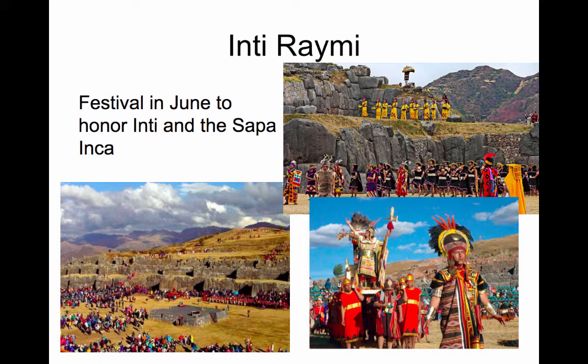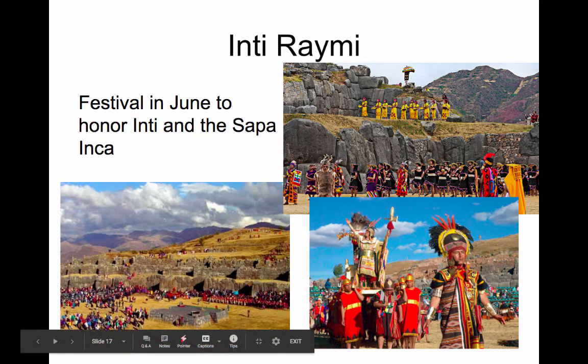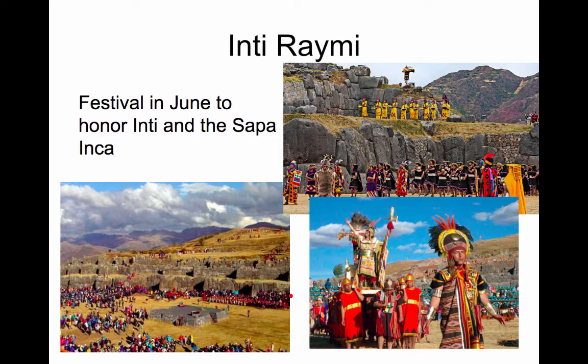They simulate it, but they don't actually kill any llamas or anything like that. But they do a lot of festival, and they dress people up in classic Incan clothing. People represent the different parts of the Inca Empire, and they all arrive at this holy spot in Cusco, known as Sacsayhuaman, which is a built-up religious center.